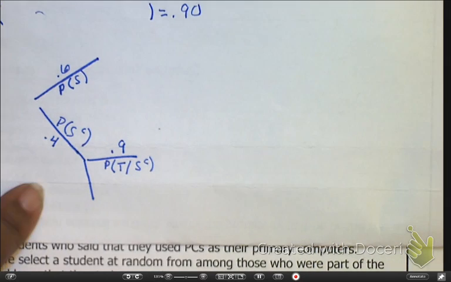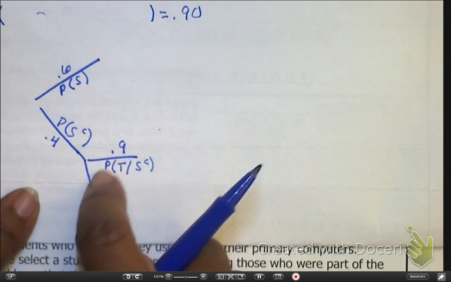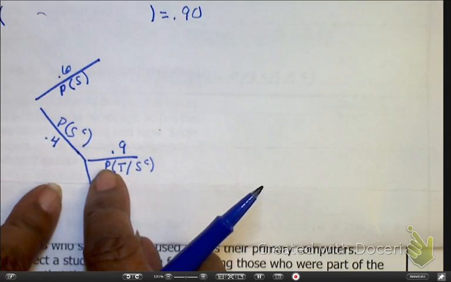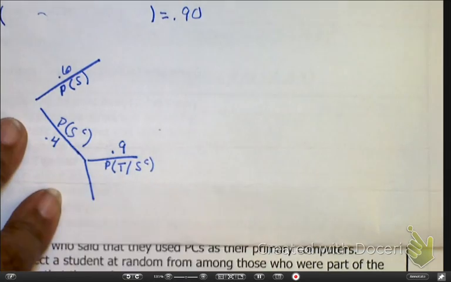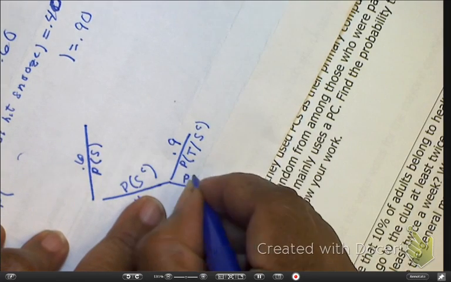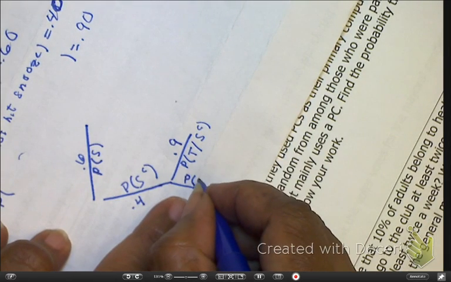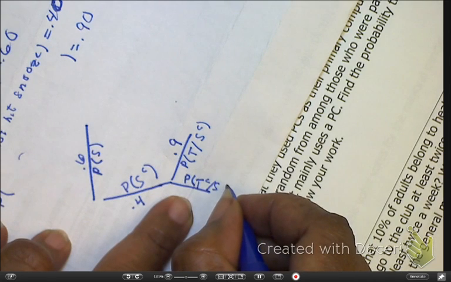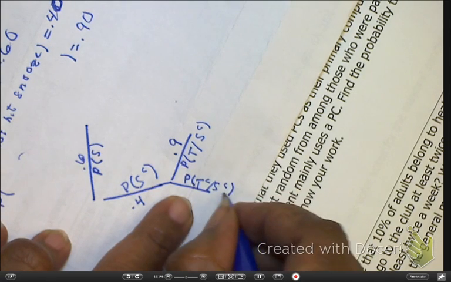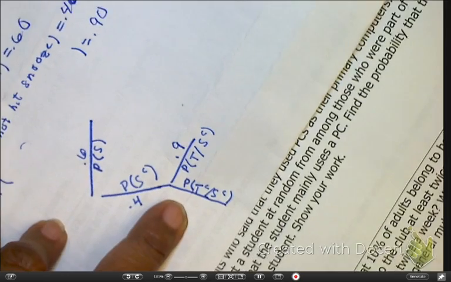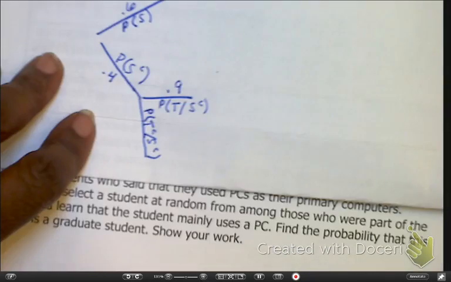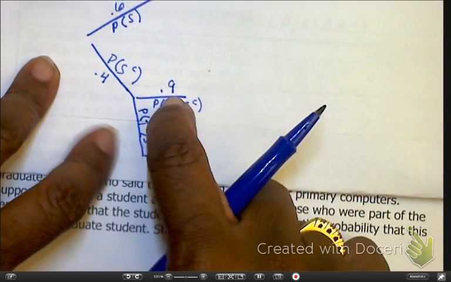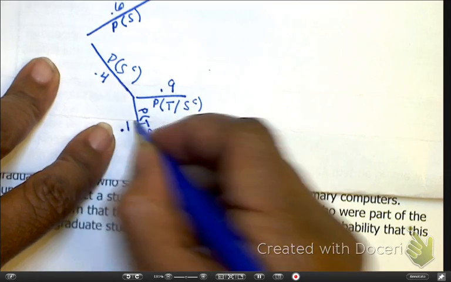Now, following the model that I said, remember these inner branches have to add up to be 100%. They're complements. So here, this is the probability of not making it to school on time given that she did not hit the snooze. So if that's 90%, that means that this right here is 10%.